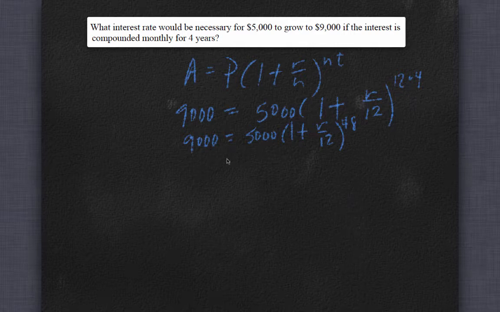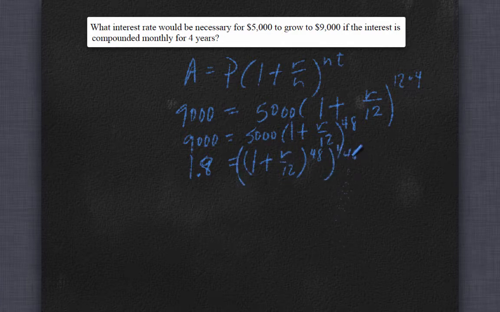Okay, so first I would divide by 5,000. 9,000 over 5,000 should be 1.8. Now, for this, I need to get rid of the 48 to get to this R. So I need to take this whole thing to the 1 over 48. Of course, anything I do on one side, I do on the other.